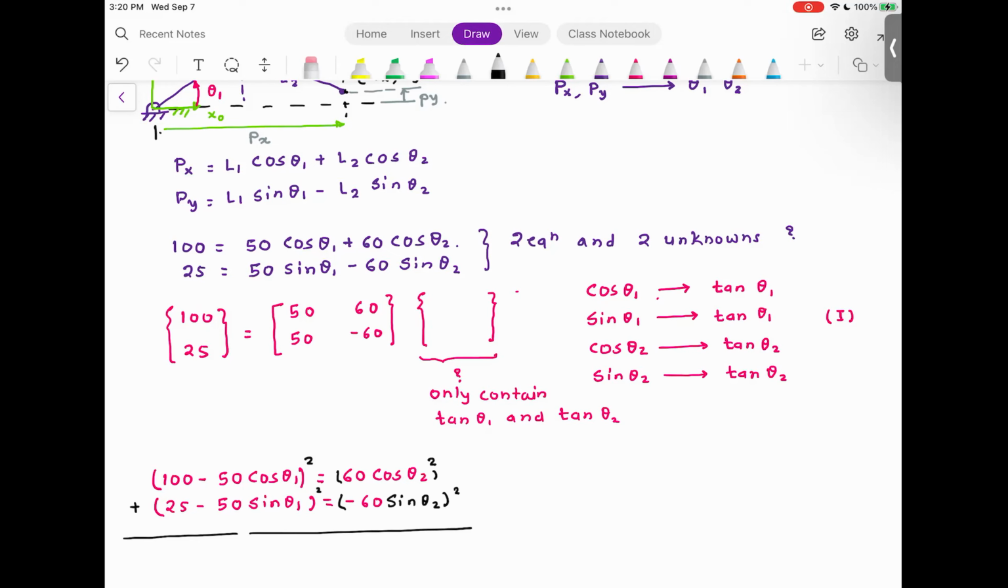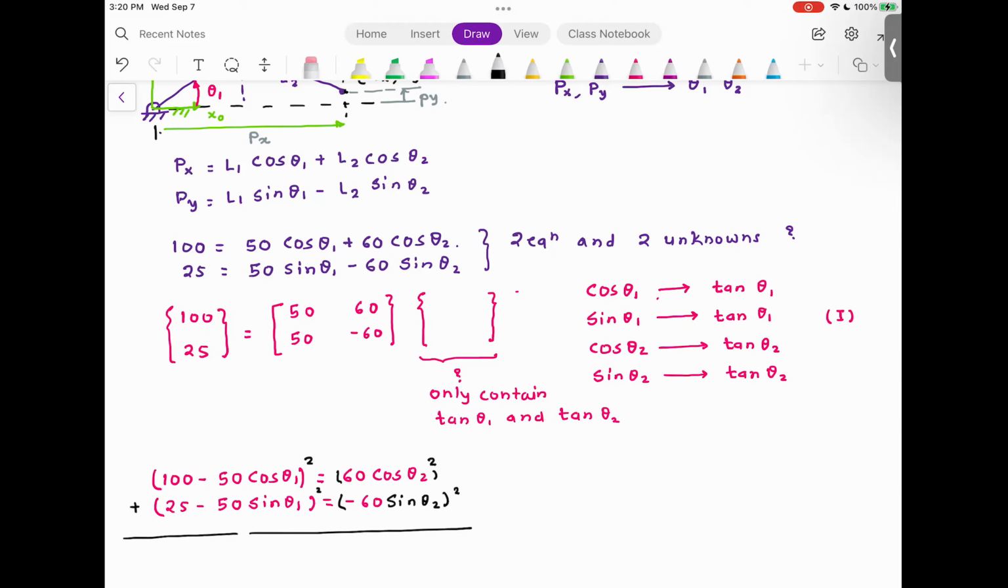I just want one method that will solve all inverse kinematics problems, whether the problems have one solution, two solutions, no solutions, or multiple solutions. And here, once you square and add, theta 2 gets eliminated from the expression, and your entire expression is only in the form of theta 1.